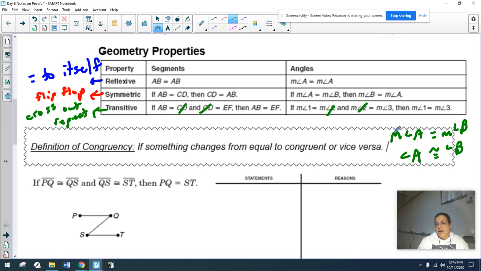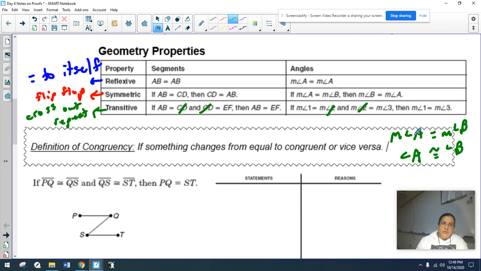Basically, the reason we do that is this is talking about a number, the measure of angle A. So if it's a number, you want to use equals. This is talking about a picture, angle A. So they're talking about the angle, or if it's a segment, they want to talk about segments, they'll use congruent. So for a picture, you use congruent. For numbers or measurements, you use equals.